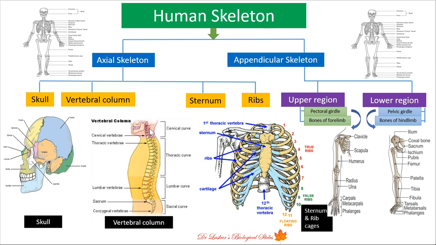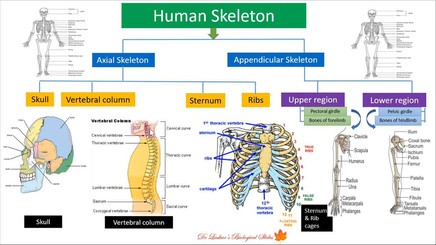This vertebral column is also known as the backbone or spine and is formed of 26 serially arranged units, known as vertebrae, and is dorsally placed. This is the ventral part and this is the dorsal part, so it is dorsally placed. It extends from the base of the skull and constitutes the main framework of the trunk.